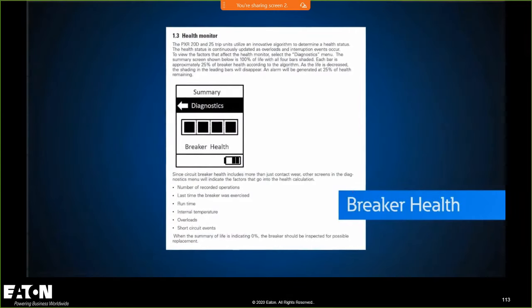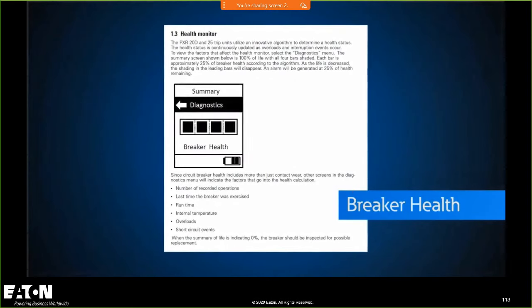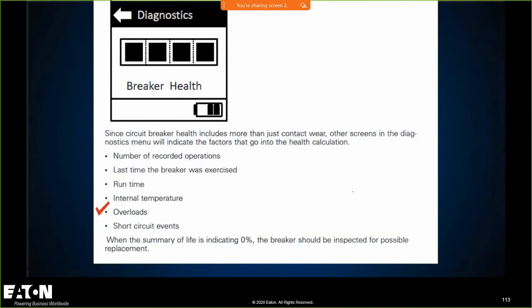Power Defense molded case circuit breakers with PXR trip units offer a unique feature called Breaker Health. Breaker Health empowers the trip unit to monitor conditions that affect the health of the breaker, such as overload events, short circuit events, breaker operations, or how many times the breaker is turned on and off, when the last operation took place, how long the breaker has been in service, and the internal temperature of the breaker.